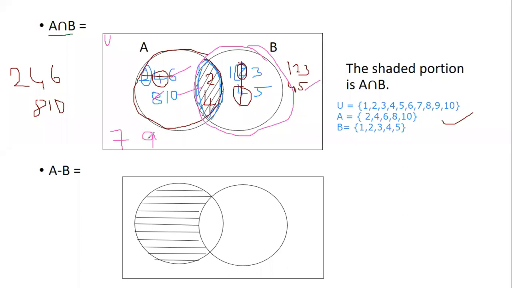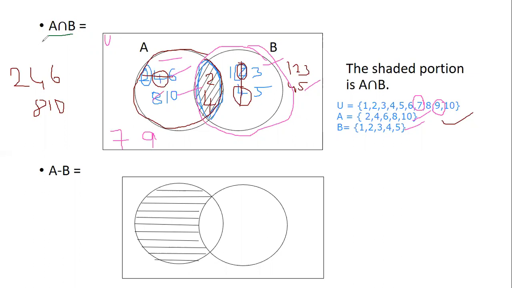Now, 7 and 9 from the universal set are not in A nor in B. I have not considered them in A, not even in B. So they will remain in the universal set. So outside the circle, I'm going to represent 7 and 9 because whatever is inside this whole box is the universal set.